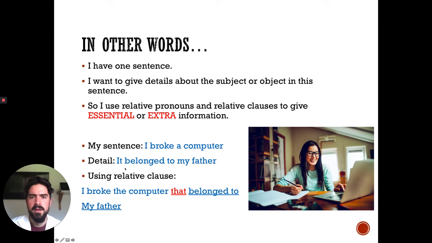So let's join these two sentences using a relative clause. I broke the computer that belonged to my father. That is the relative pronoun, and the complete relative clause is that belonged to my father. Okay? Better, yes? Okay, good. This way I know you understood.